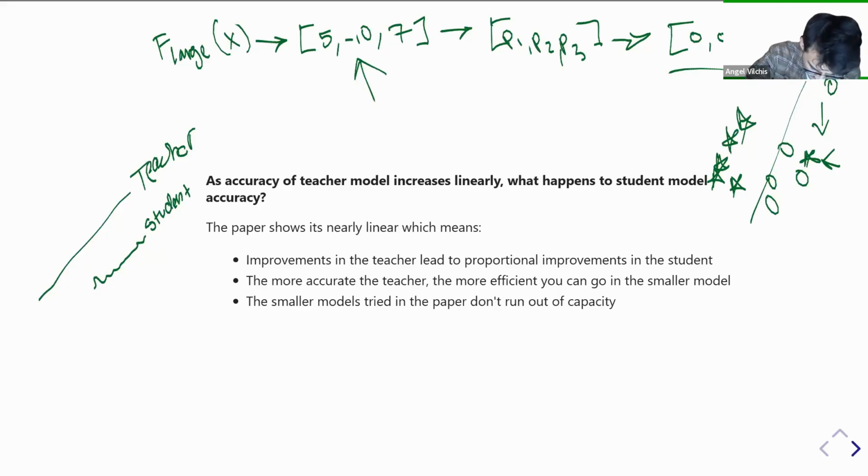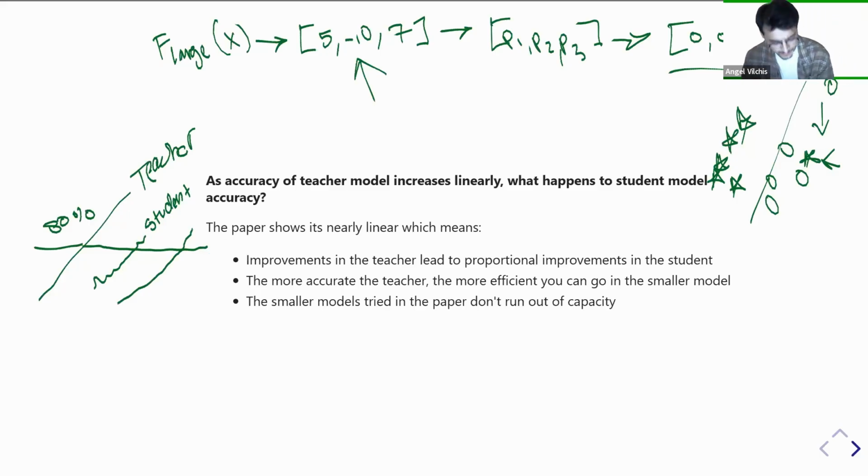So how is that the case? Well, let's say we have a less capable student over here, right? Let's say we're targeting something like 80% accuracy. Well, in order to get that 80% accuracy for this middle student, we would need this accuracy here for the teacher.